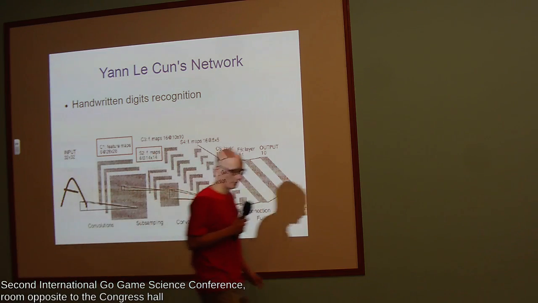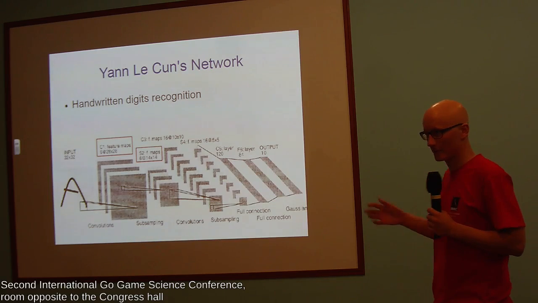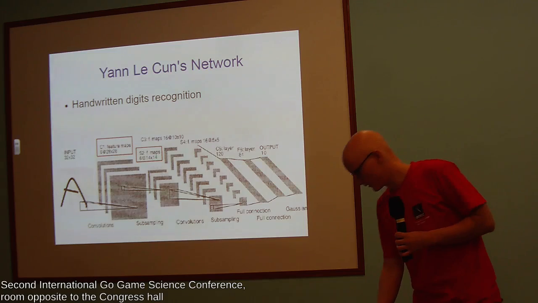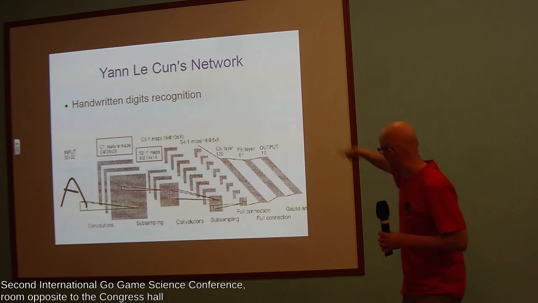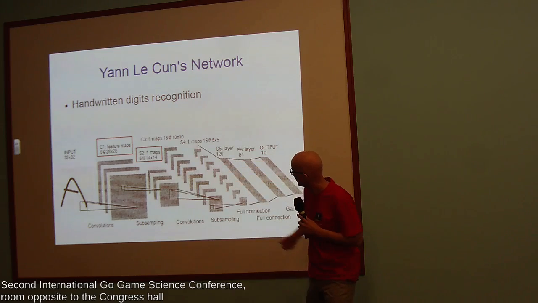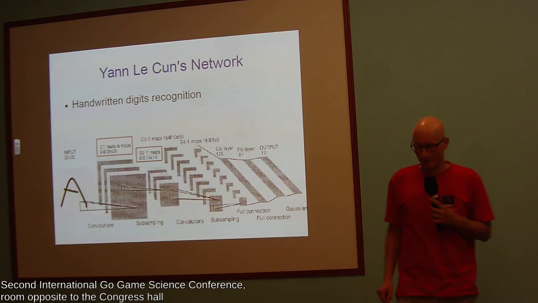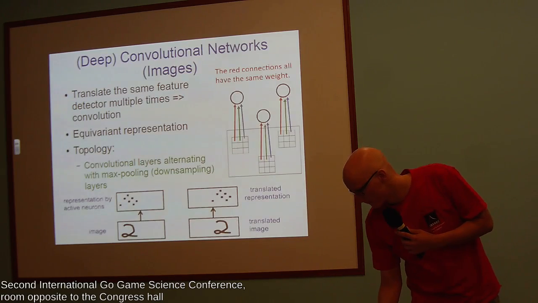You do this for a while, and you also downsample the data so that you obtain some properties. And in the end you can recognize here 10 digits. I don't understand why there is an A. It probably should be 26 units, one for each letter of the alphabet.